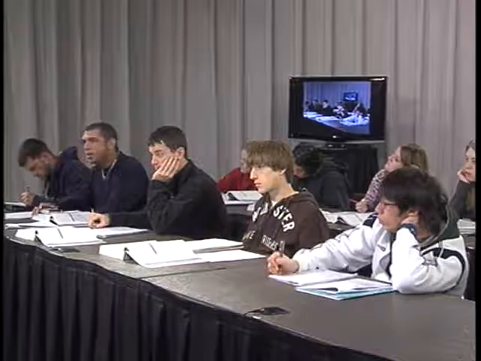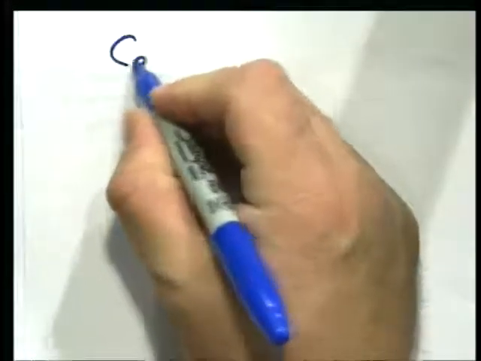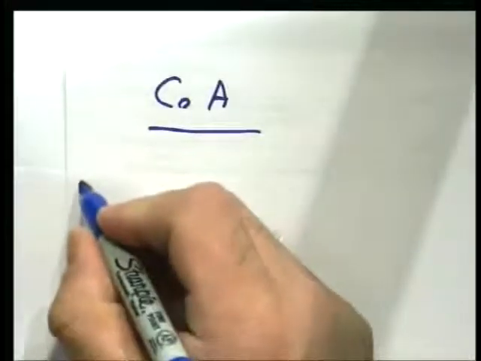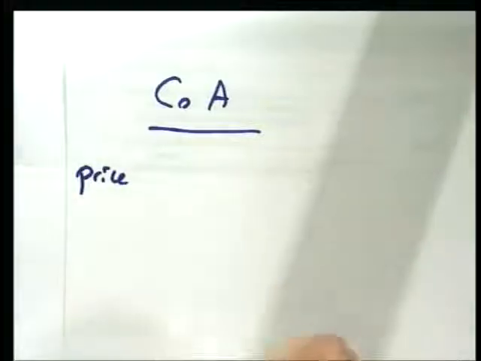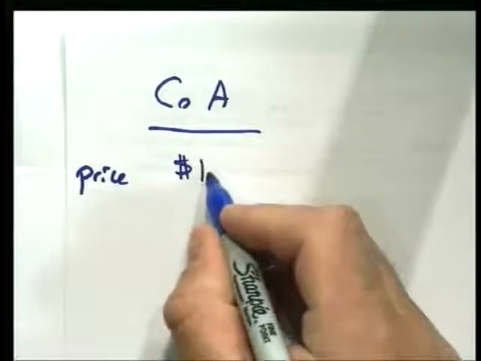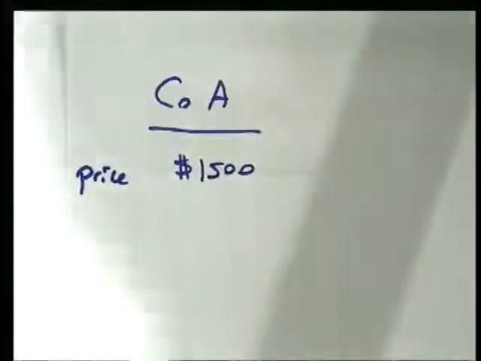Let me give you an example. Let's say that I'm a piano retailer, okay? Now, I have been buying my pianos from Company A, and for Company A, the price of this specific type of piano is $1,500, okay?